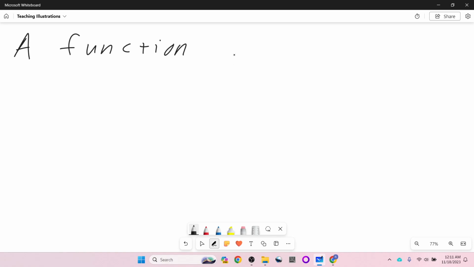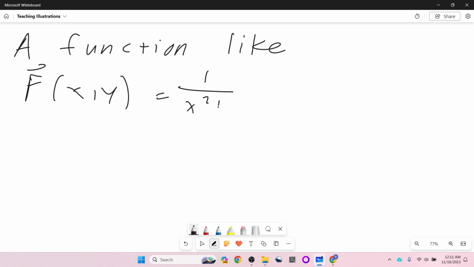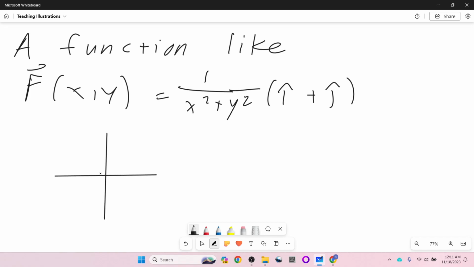Let's do an example here. F of x, y is, let's say, 1 over x squared plus y squared, times i plus j. Well, the domain has a big hole right in the center. So this is not simply connected.